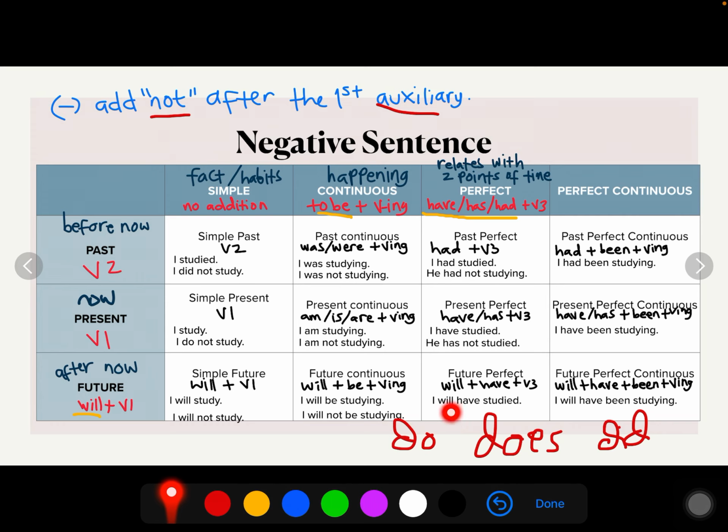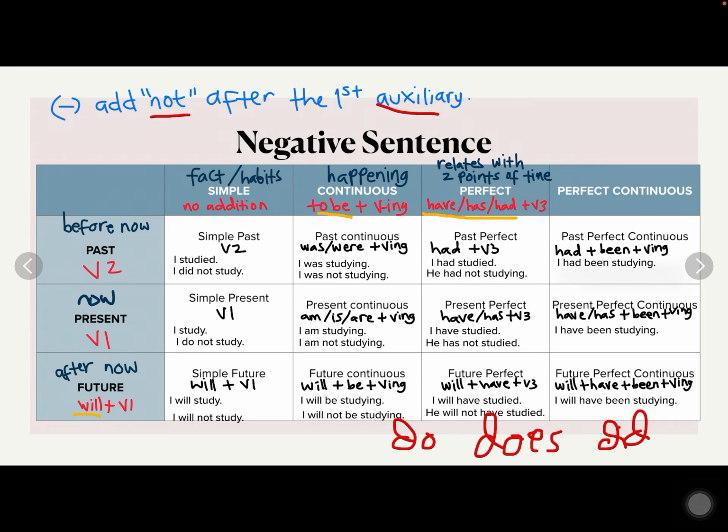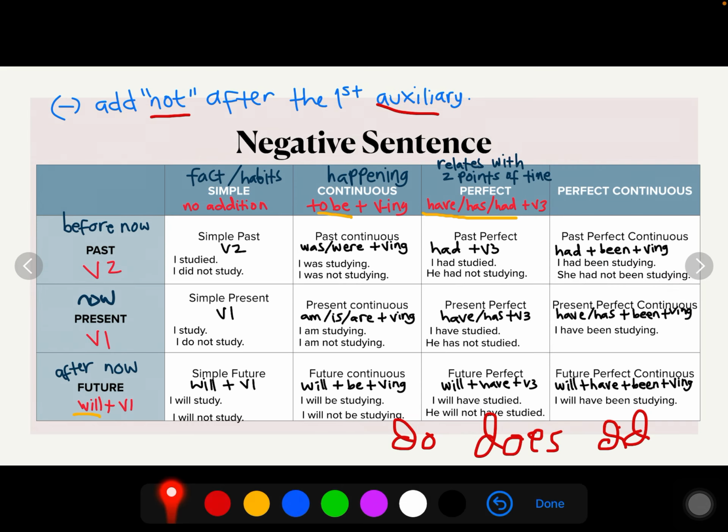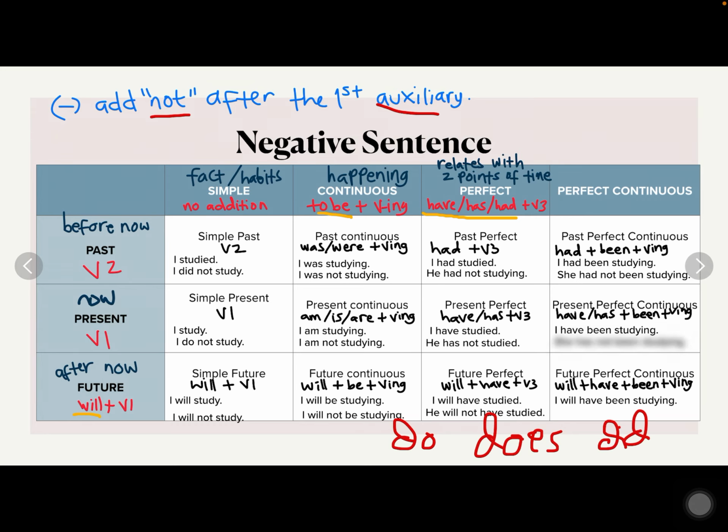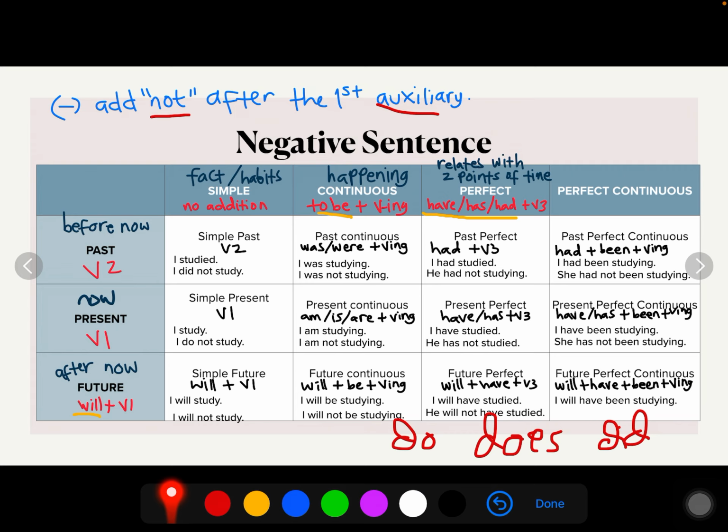I will not have studied, or he will not have studied. Alright, for the next sentence, I had been studying, it becomes I had not been studying, or she had not been studying. And I have been studying, not will come after have. I have not been studying, or she has not been studying. And for the last sentence, I will have been studying becomes I will not have been studying.